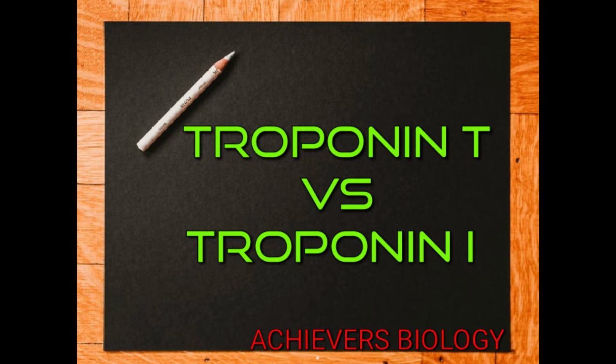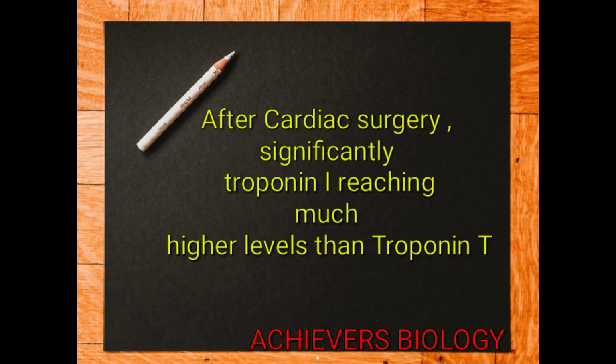So if we discuss the differentiation of Trop I and Trop T, which is better for diagnosis purposes, we will see that after cardiac surgery significantly different results can be expected from these two assays. Trop I reaches much higher levels than Trop T after cardiac surgery.